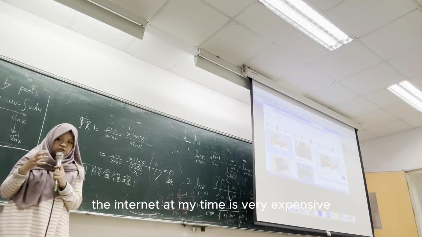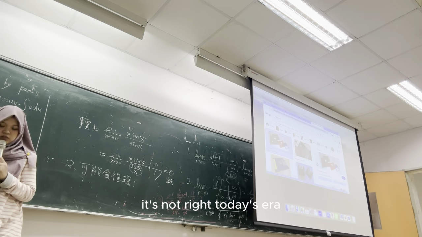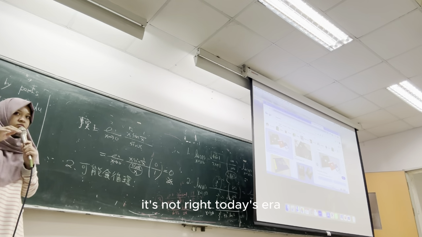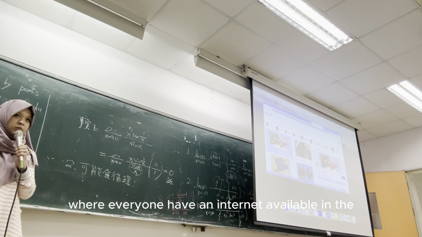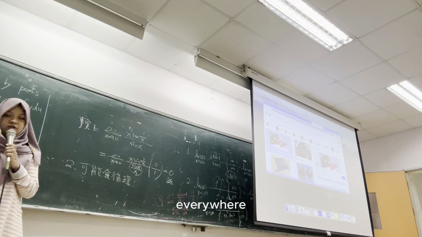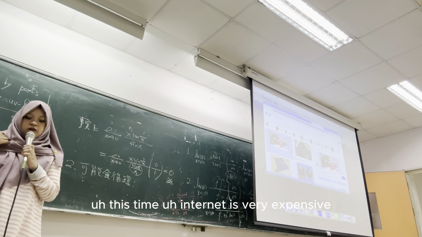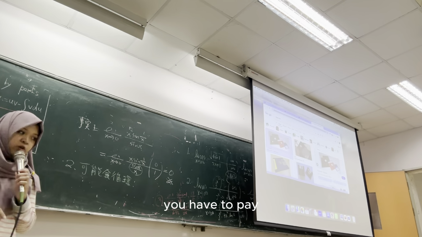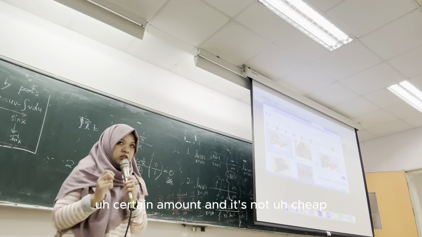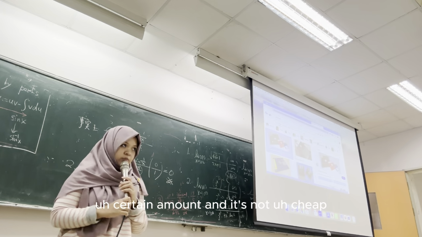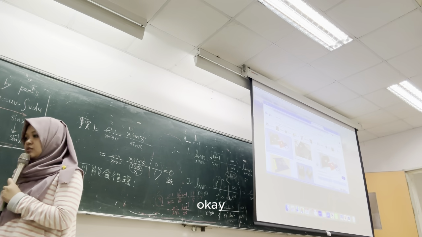Internet at my time was very expensive. It's not like today's era where everyone has internet available everywhere. That time, you had to pay a certain amount. It's not cheap.